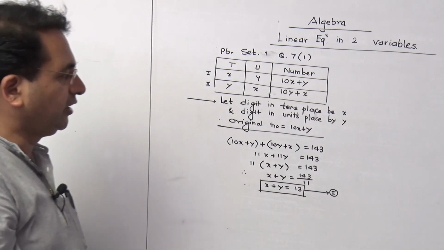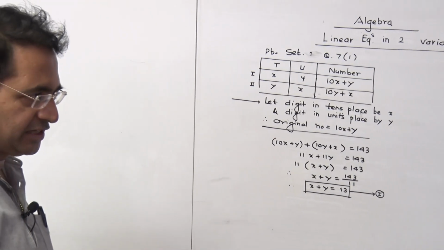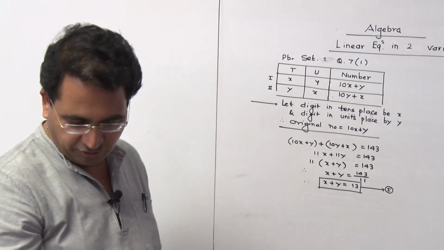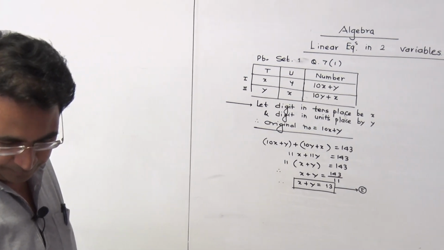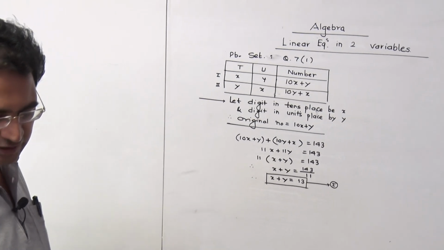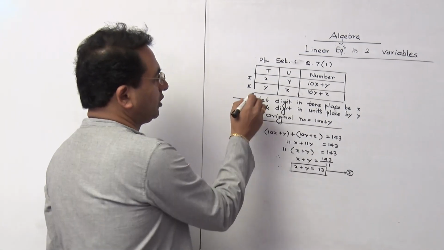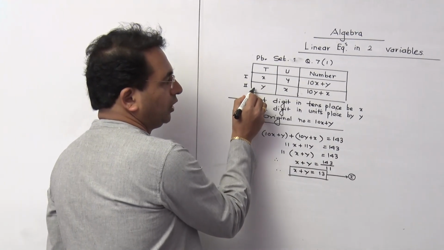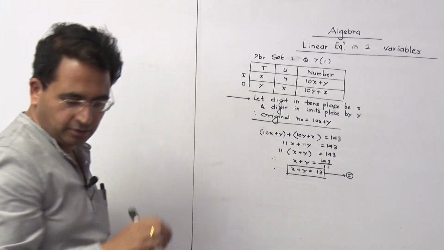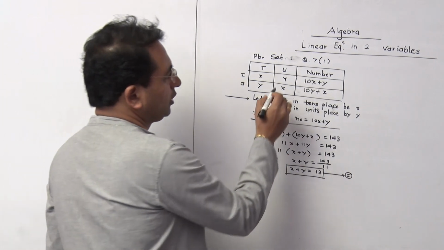Now only one equation is not enough because we are solving this simultaneously. So definitely there will be a second condition also, and the second condition you can effectively see this. Digit in the units place is 3 more than the digit in the tens place. Now unless they specify, you are not going to jump to this particular row. They are talking about this only. Now what they are saying, digit in the units place means what?